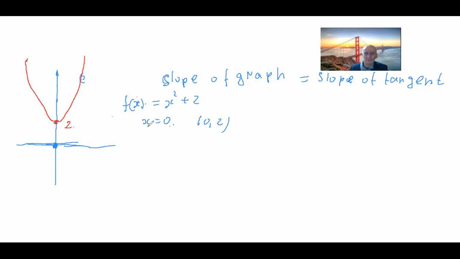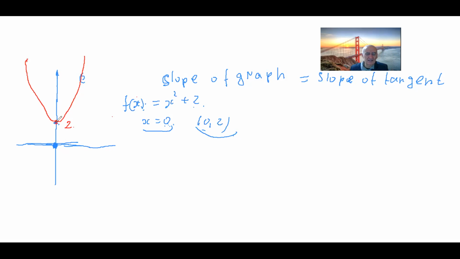When I say x equals 0, I mean that for this value of x, f(x) equals 2, and that's why I mean the point (0, 2). So they are the same. I can ask, what is the tangent line at the point x equals 0? Or I can ask you, what is the tangent line at the point (0, 2)?